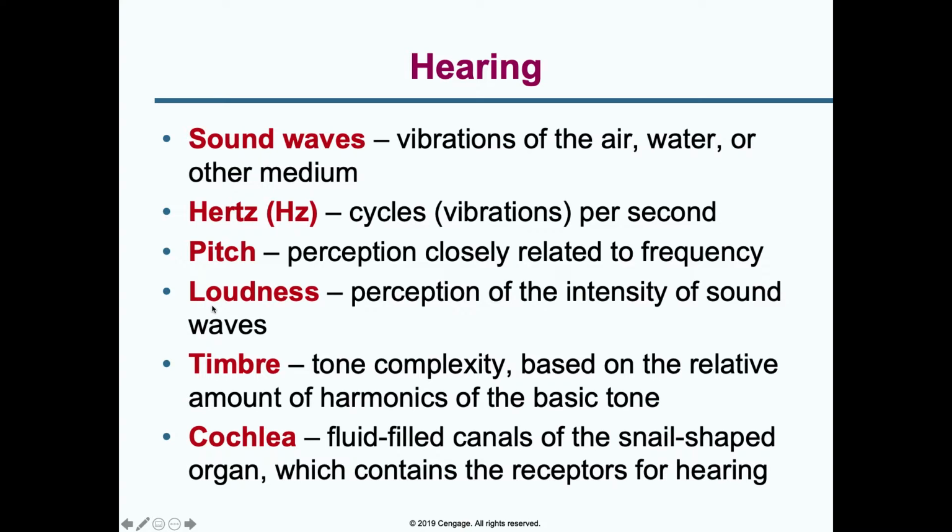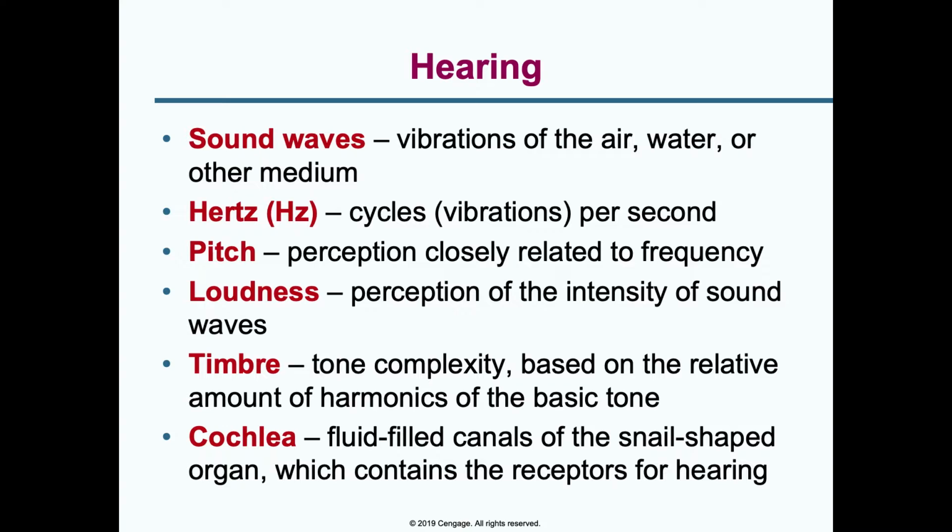Then we have the idea of loudness, which is how intense or how strong the sound waves are. Then we have something called timbre. You might want to put a circle here on the T for timbre and a T for tone. Timbre has to do with the tone complexity, and let me explain what that means.